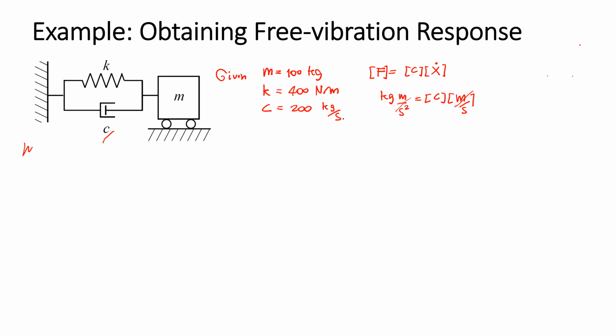If the problem gives the values of m, c, and k, the mass, the damping coefficient, and the spring coefficient, how can we find the undamped natural frequency? How can we find the damping ratio? And how can we find the damped natural frequency?